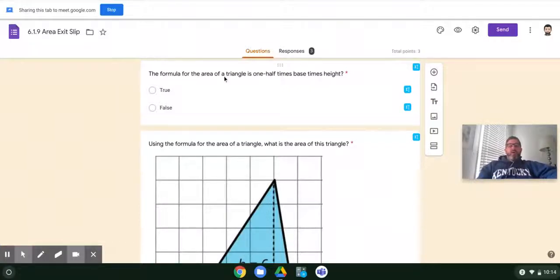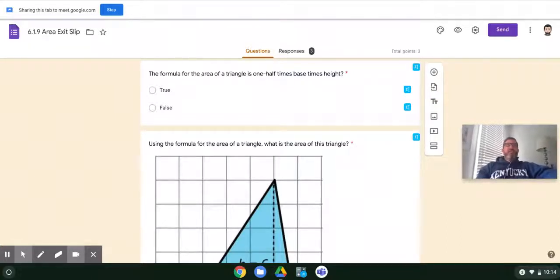So then, knowing that, is the formula for the area of a triangle 1/2 times base times height, or in other words, base times height divided by 2? Is that true? Yes, that's right.